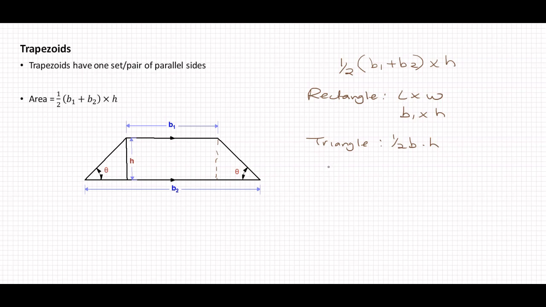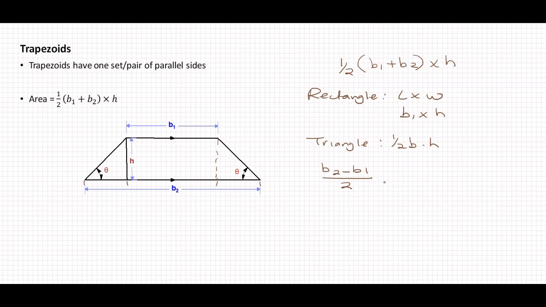The base in this case is going to be B2 minus B1, divided by 2, because from here to here is the same as from here to here. So B2 minus B1 gives you the sum of the bases of the triangles, and then you divide that by 2.